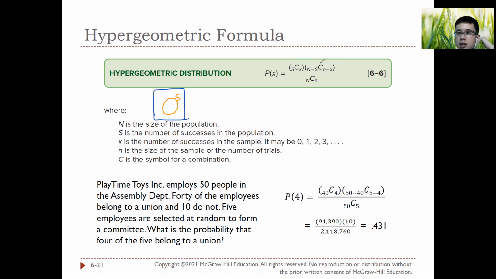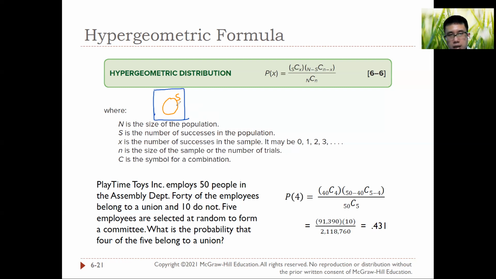This is the failure side, and also we divide them by this value. Big N is the size of the population, and little n is the size of the sample. Of course, the size of the sample, little n, is less than or equal to the capital N, right? Okay.